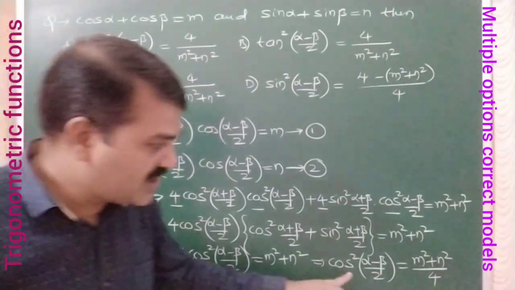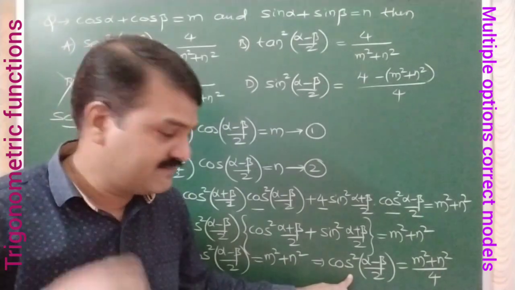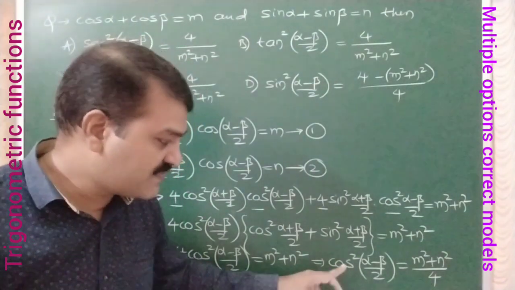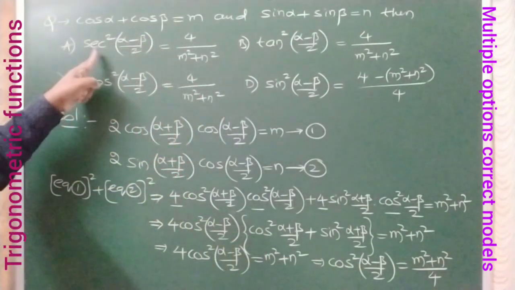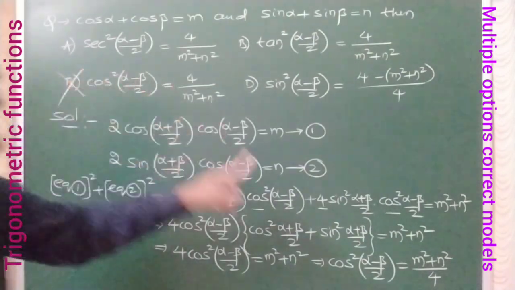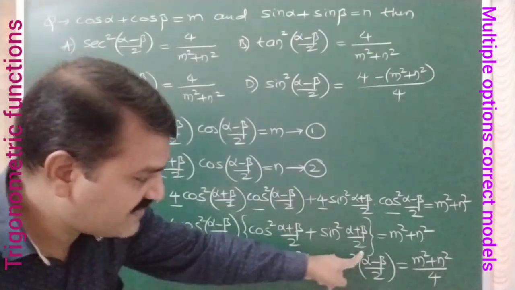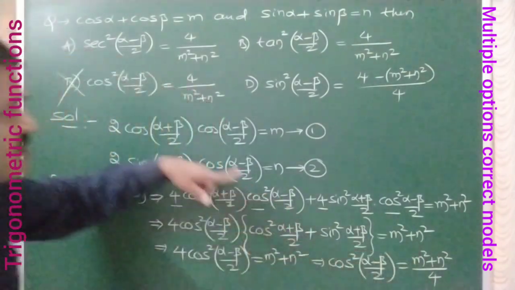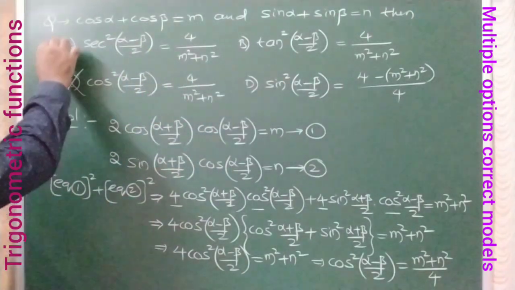What is the reciprocal of cos? Secant. So this is correct, because secant square (alpha minus beta)/2 is 4 by (m square plus n square). So this is correct.